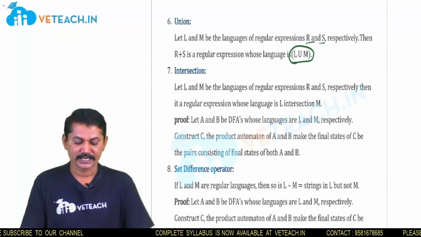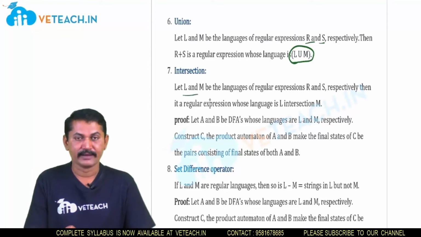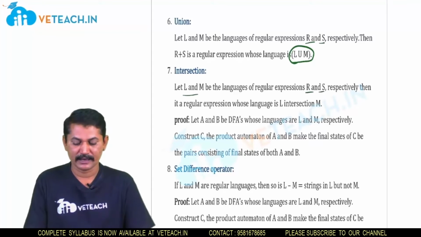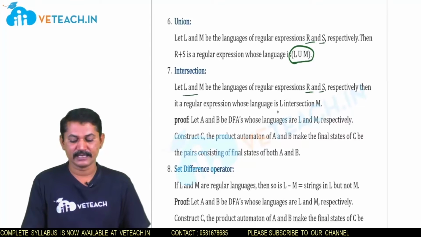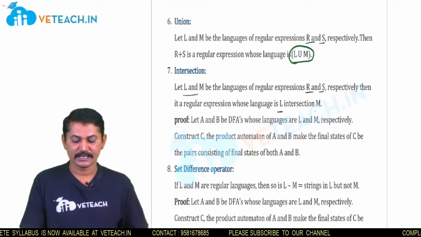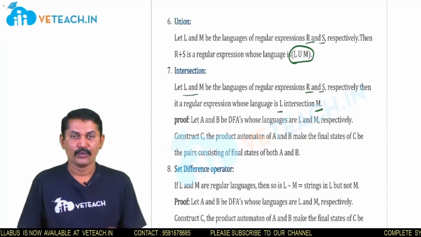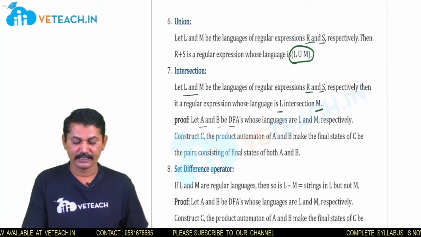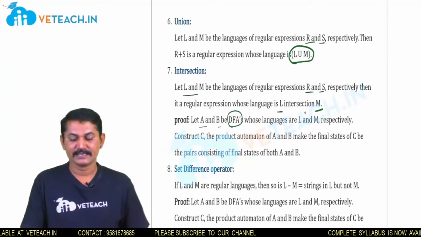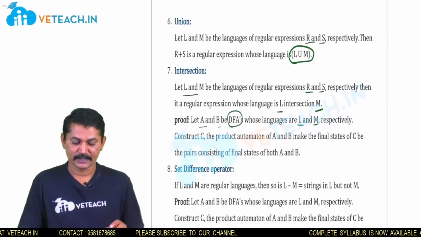Next, intersection. L and M are the languages of regular expressions R and S respectively. Then we can define it as follows: let A and B be the DFAs whose languages are L and M respectively.